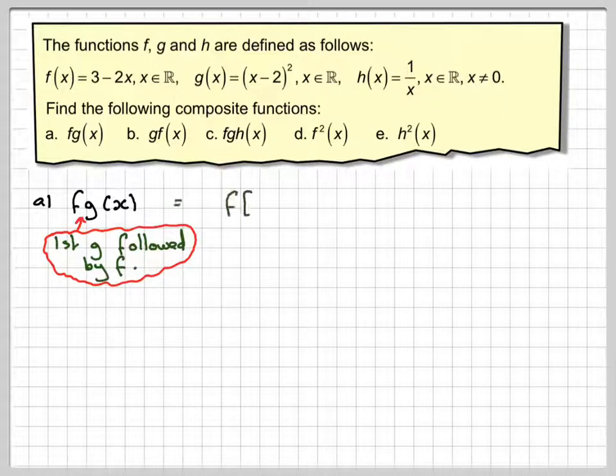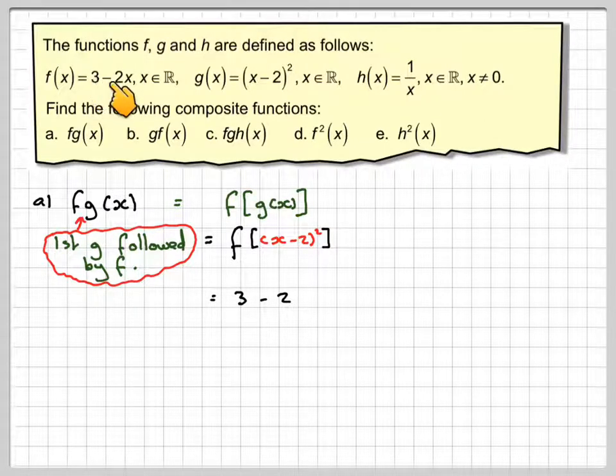So basically what we've got to do is f of g of x, and g of x is (x minus 2) all squared. So everywhere there is an x in f, we now replace it with (x minus 2) all squared. So that's going to be 3 minus 2 times (x minus 2) all squared, and then we simplify that.